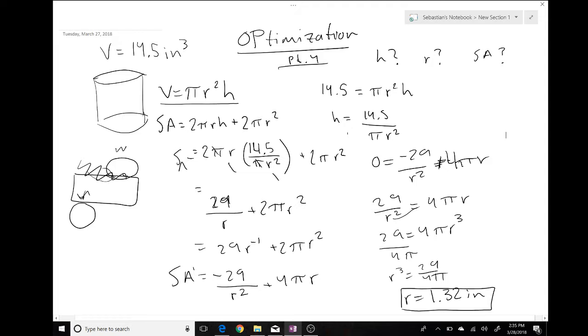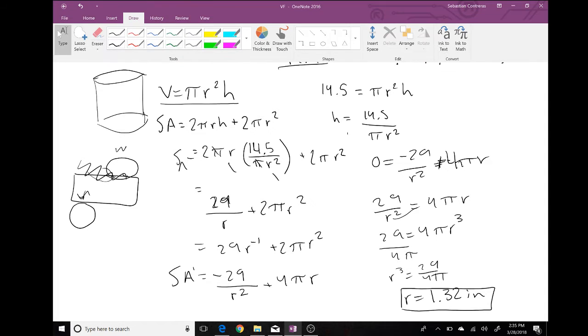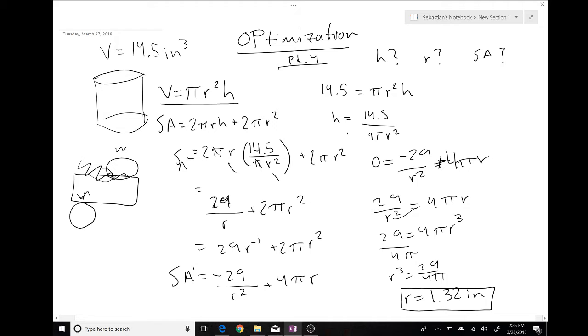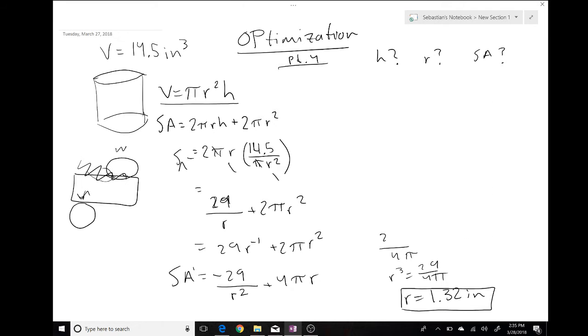Now I will be clearing some of this so we can have space to get our height. Okay, so now that we have your radius, we can simply plug this into the equation where we made this in terms of h, which was h equals 14.5 over pi r squared.